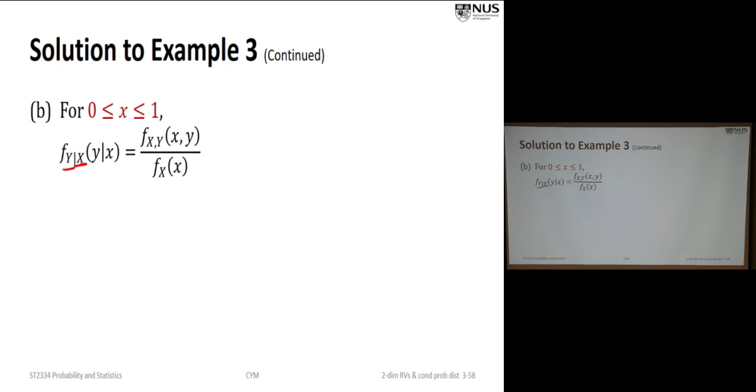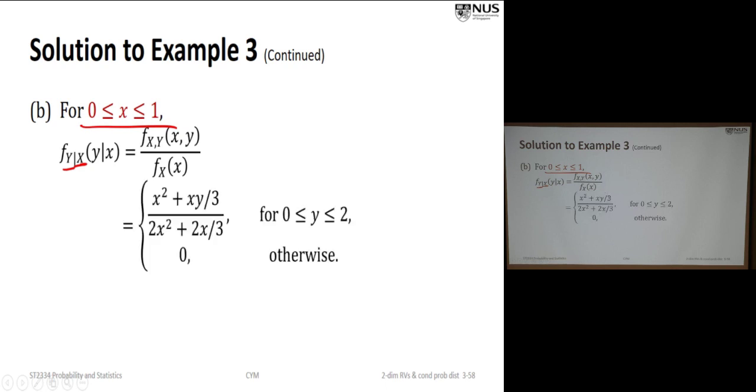So I write down, I define the region for which the following computations are valid. So I specify that only when x is between 0 and 1, then what I've done is valid. So for the range x between 0 and 1, I take the ratio of the joint distribution with the marginal. So like that. This is the joint distribution, this is the marginal.